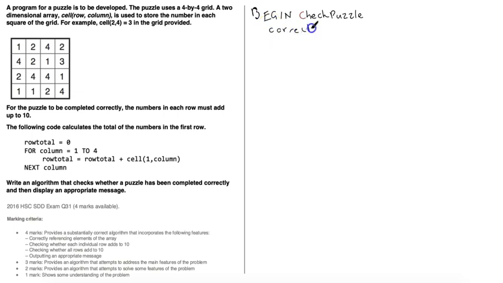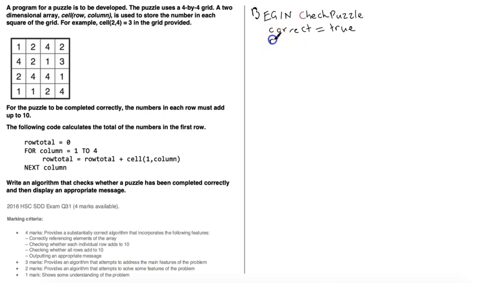Correct equals, and that can be true initially. So initially we're going to say that all of the puzzle rows are correct. So we're going to say that's true. But when we find one that doesn't add up to 10, we're going to set correct to be equal to false.